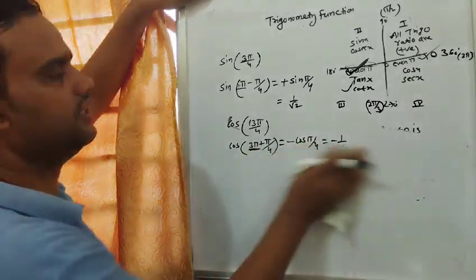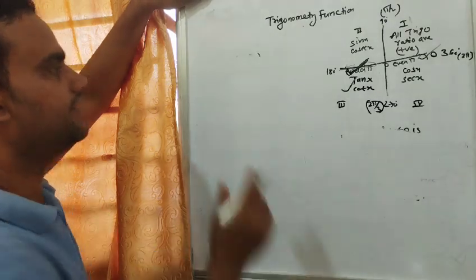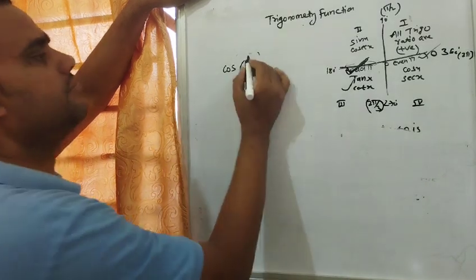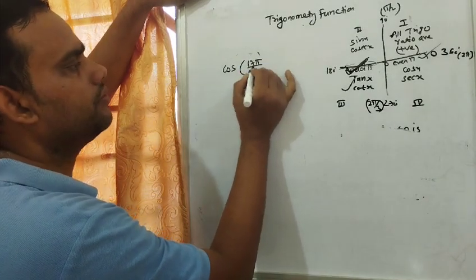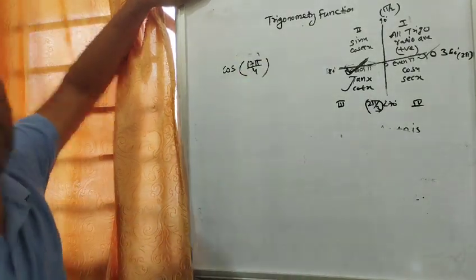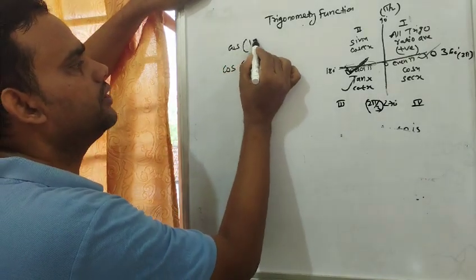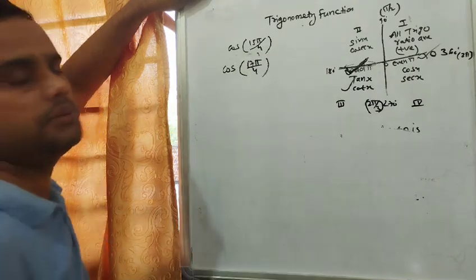Similarly, someone asks next, cos 17 pi by 4, how to do it? Or the next question could be 15 pi by 4, like this they will ask.